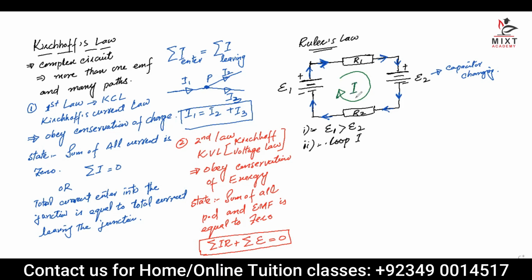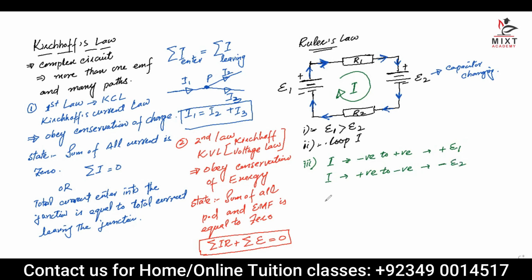Now, the third point: if the loop current is moving from negative to positive, then the EMF will be taken as positive. But if the loop current is moving from positive to negative, as in our case, it's positive to negative, right?